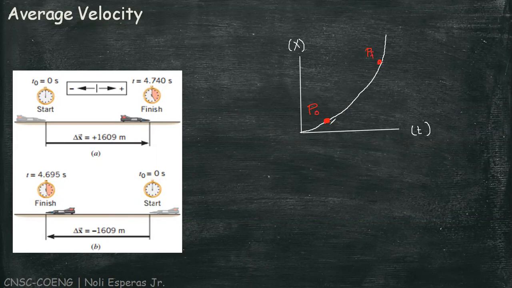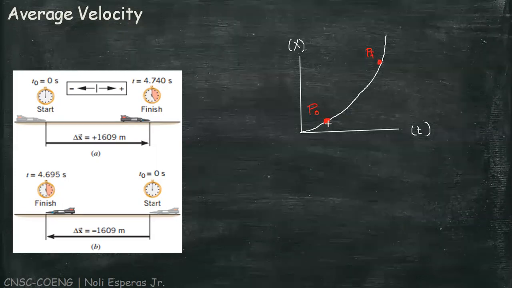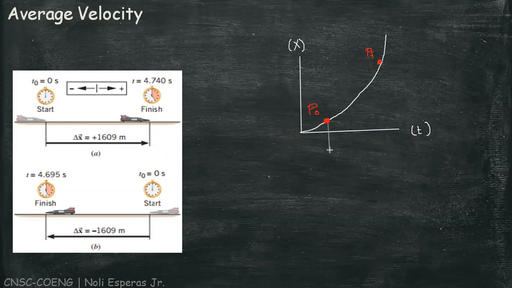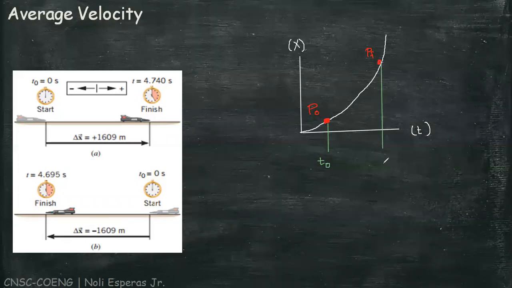The time for the initial position is T sub 0, or T naught, and the time for the final position is T sub F, or final time, sorry.